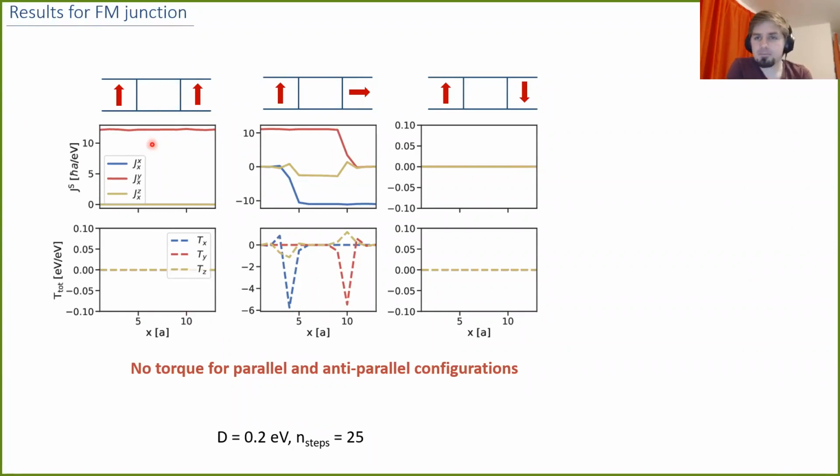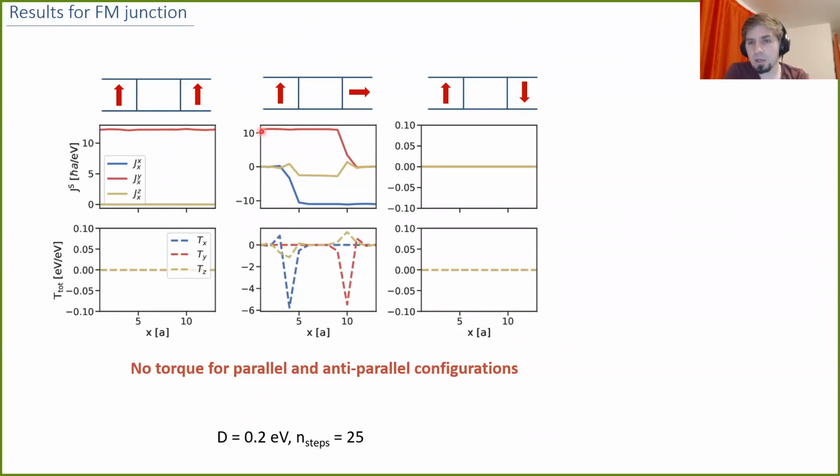And what you see is straightforward, I would say. In the parallel junction, there is a spin current going through, but it's constant. There are no spin sources, so there is also no torque. This is how it has to be, because here everything is collinear. Spin must be conserved, so there can be no torque, but there is still a y-polarized spin current.